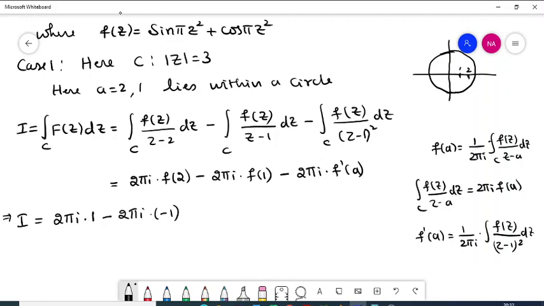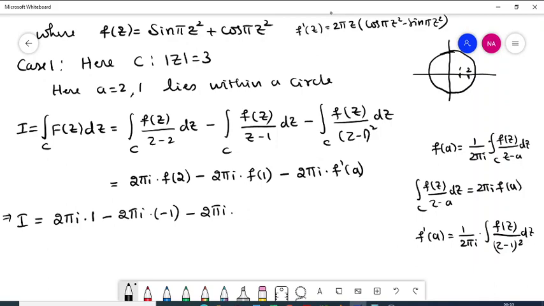Cos pi is minus 1, sin pi is 0, minus 2 pi I into f dash of z, you have to determine. F dash of z, you can check that it will be 2 pi z into cos pi z square minus sin pi z square.